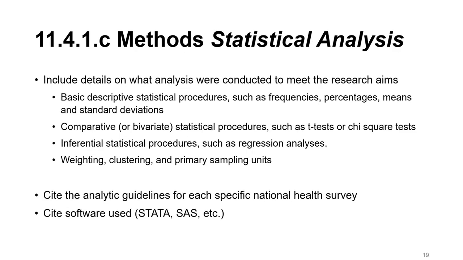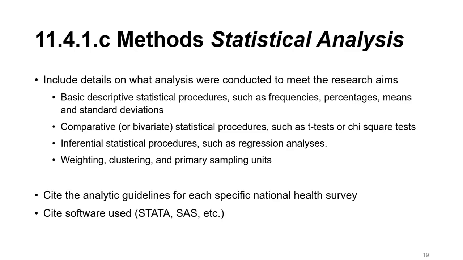In the statistical analysis subsection, you include details on what analyses were conducted to meet the research aims. So these can include the basic statistical procedures such as frequencies, percentages, means, and standard deviations. It can also include the comparative or bivariate statistical procedures, including t-tests or chi-square tests.